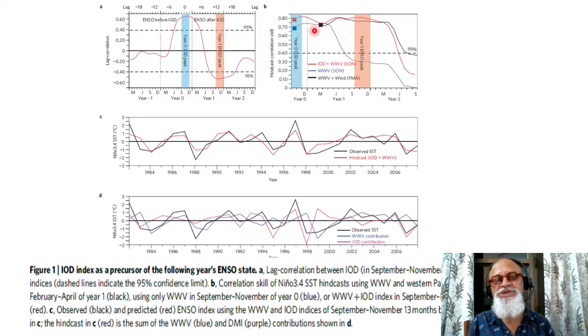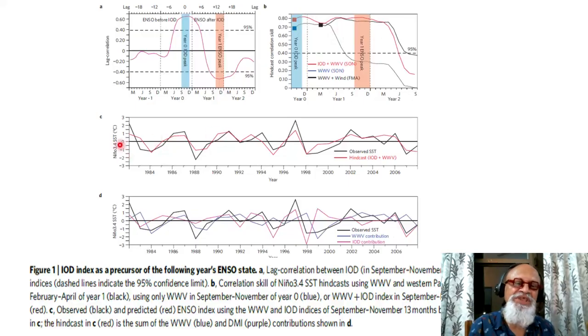If you can use the relations between the state of the IOD here, IOD peak, and ENSO peak, you can see that the hindcast correlation skill is very high and remains steady for a long time, whereas if you just use warm water volume and winds during February, March, April, like westerly wind bursts, then the skill drops off very quickly, whereas here the skill persists if you use IOD plus WWV, or WWV of the SON when the IOD peaks.